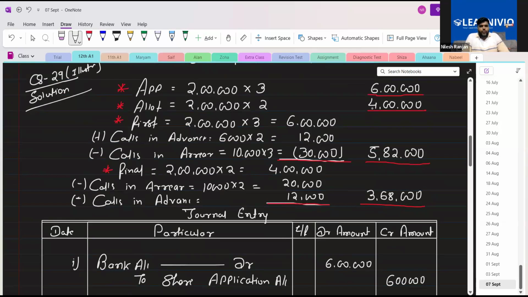Tell me if you have any question, any doubt. There are very few questions in the book, so I think this is the last question of this topic of calls in arrear and calls in advance. In the next class, we will be discussing oversubscription and then purchase consideration other than cash. If you don't have any doubt, then that's all for today.